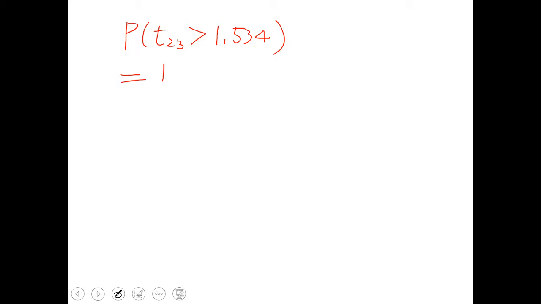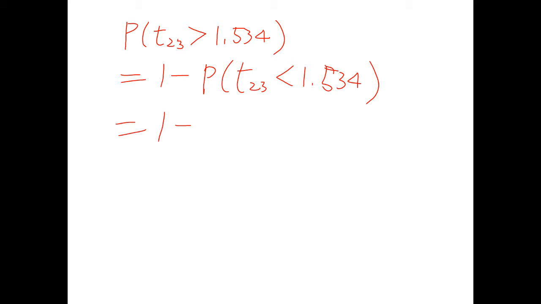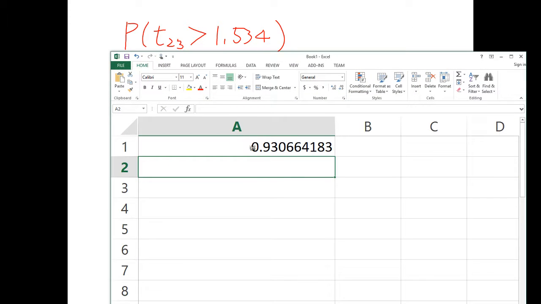So that is 1 minus the probability that it is less than 1.534. We calculated that by Excel, so it is 0.9306.